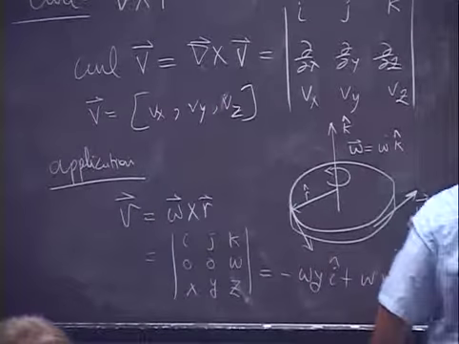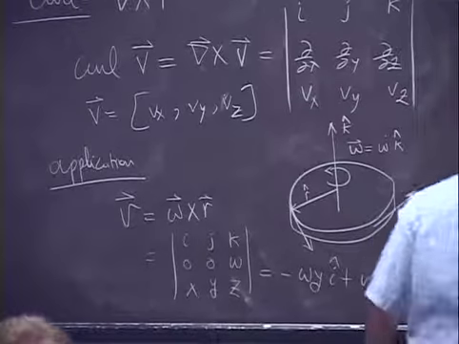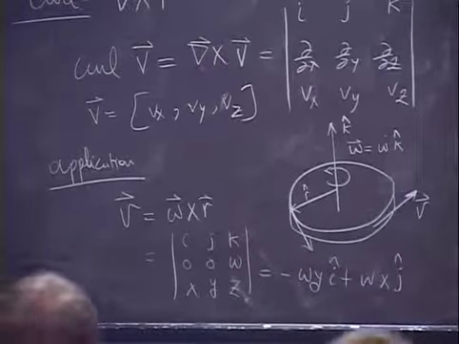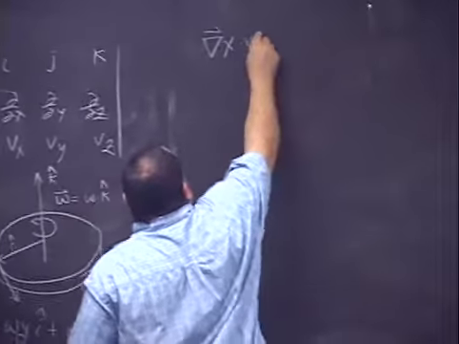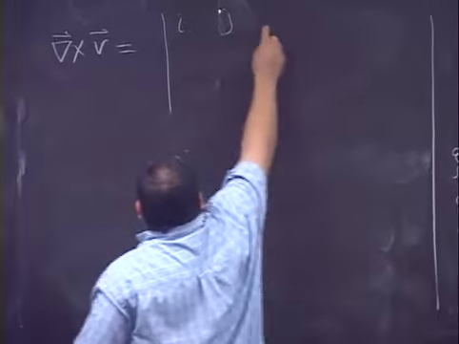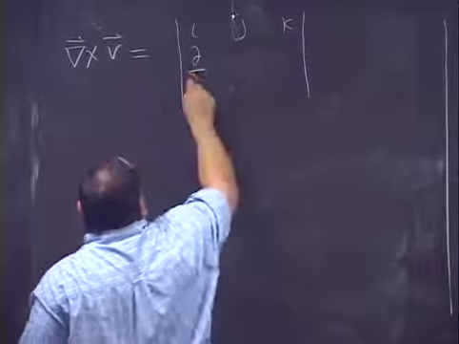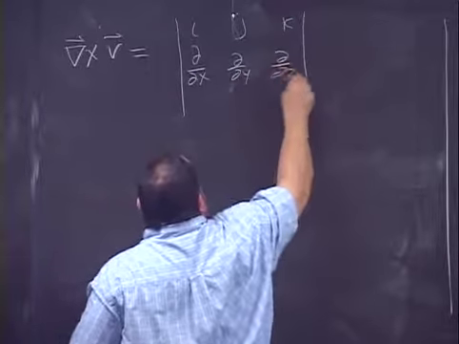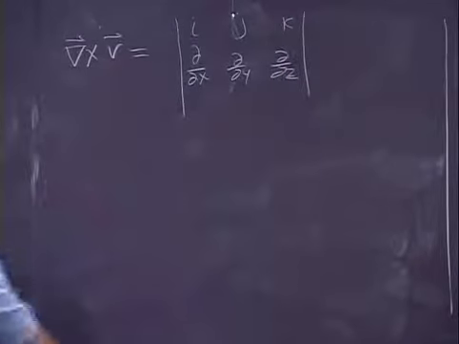If I want to calculate the curl of the vector V, all I want to do is get the curl of a vector V, and this would be equal to what? i, j, k, and I will have the components of the del operator, d by dx, d by dy, d by dz, and the components of the vector V. Where are the components of the vector V?